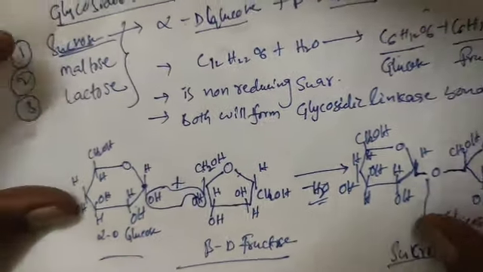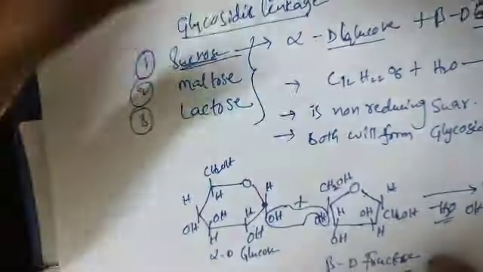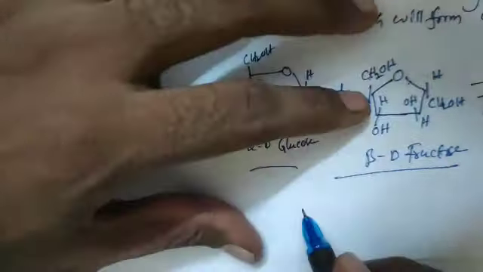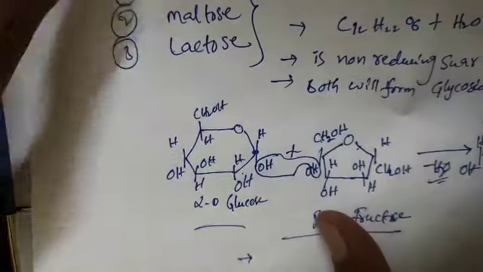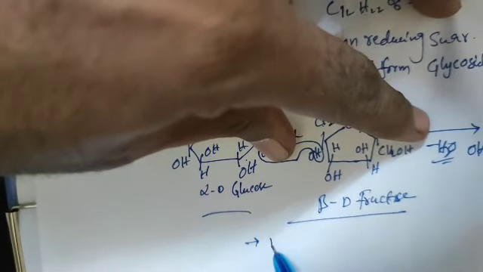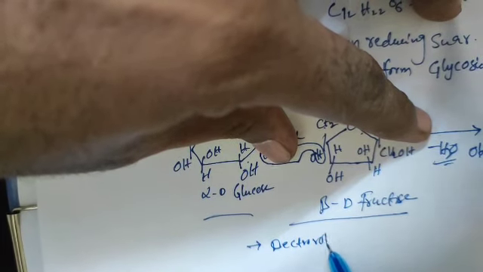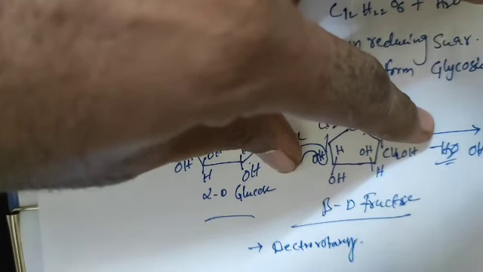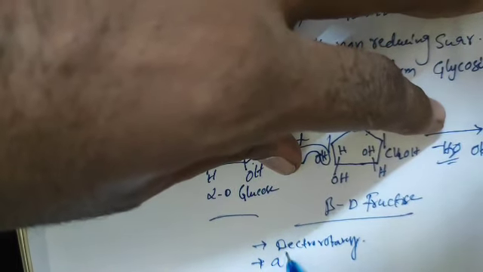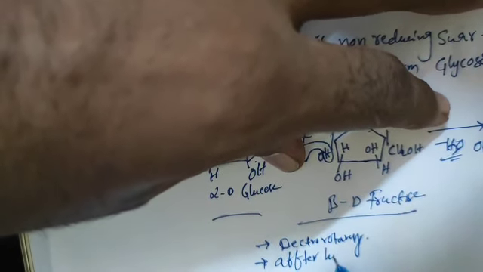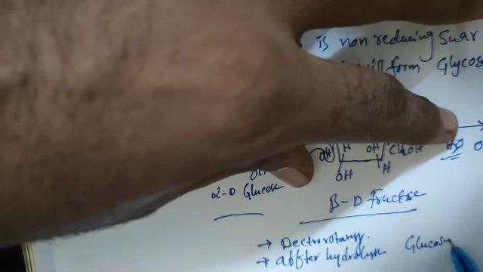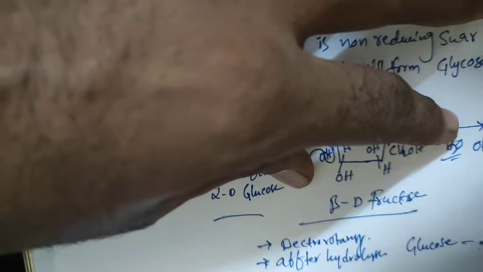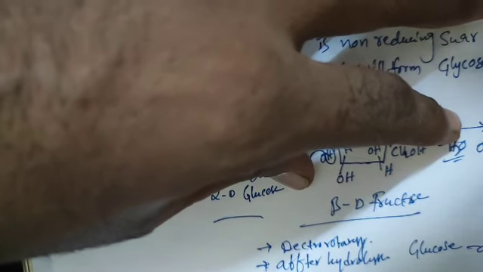Sucrose is dextrorotatory. What is dextrorotatory, sir? See, I will tell. Sucrose is dextrorotatory, and after hydrolysis we get glucose and fructose.